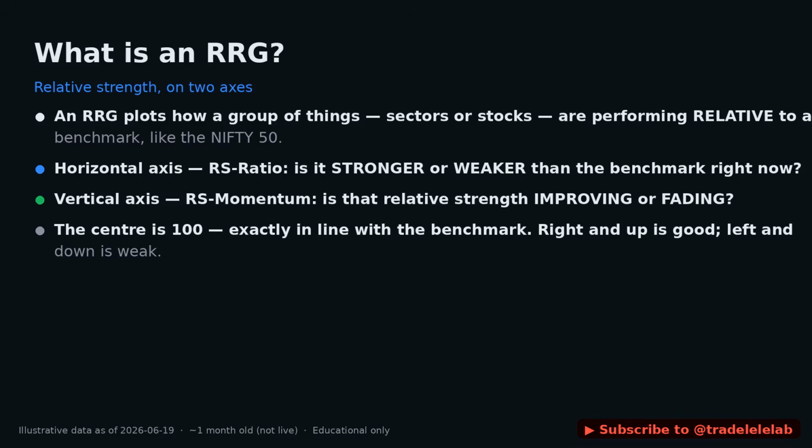The vertical axis is the RS momentum. It answers a second question: is that strength improving or is it fading away? The very center of the chart is the value 100. At 100, the sector is moving exactly in line with the benchmark. Anything to the right is stronger than the market, anything above the middle is gaining momentum.